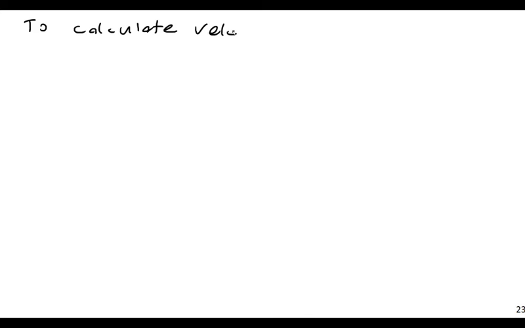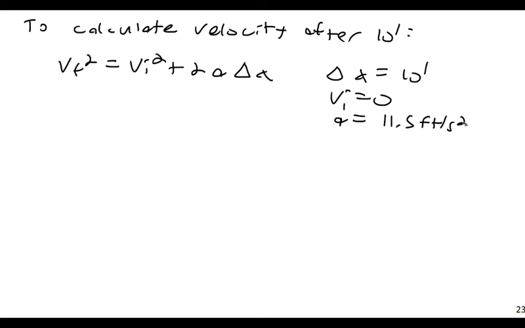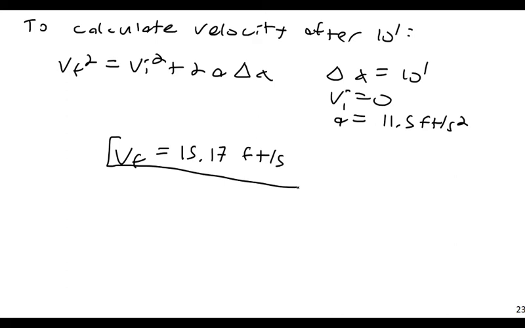After 10 feet, I would just use Vf squared equals Vi squared plus 2a delta x, where delta x is 10 feet, Vi is 0, a is the 11.5 feet per second squared, and I can get very easily that Vf is 15.17 feet per second. Fairly trivial to solve. I won't work all the way through that.